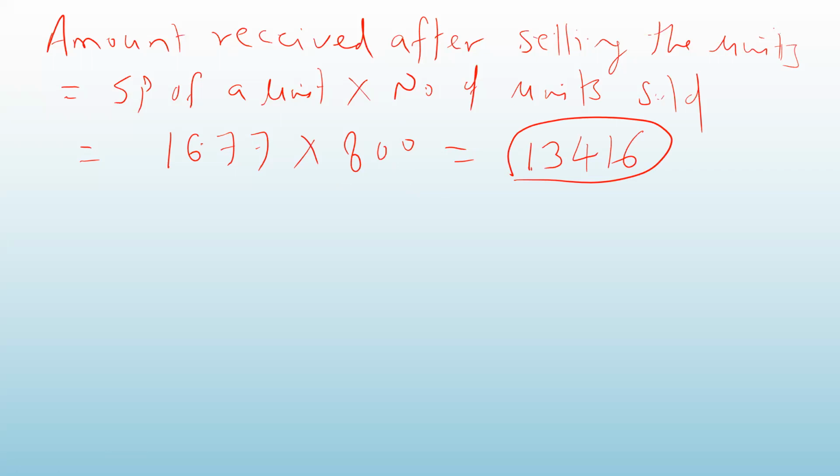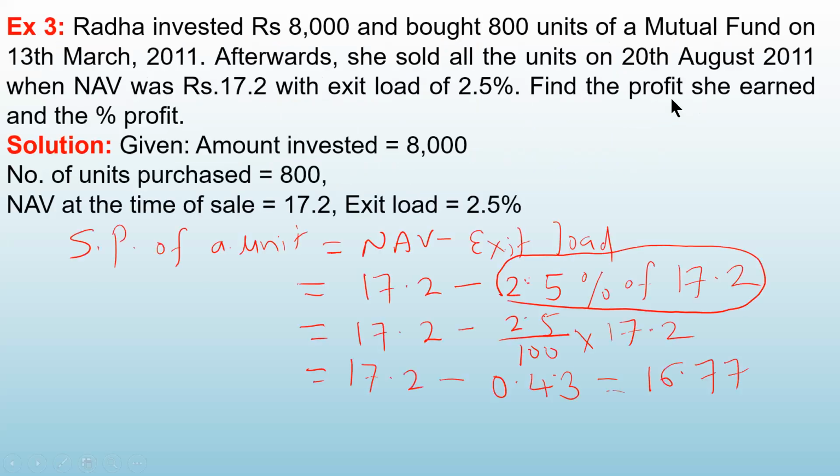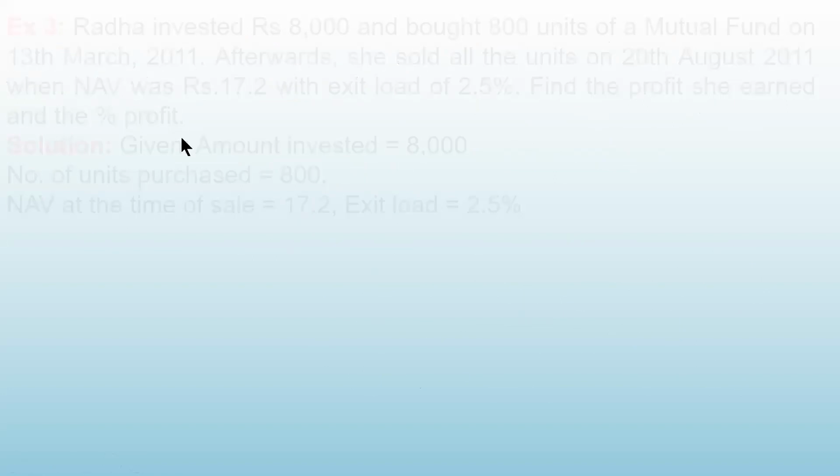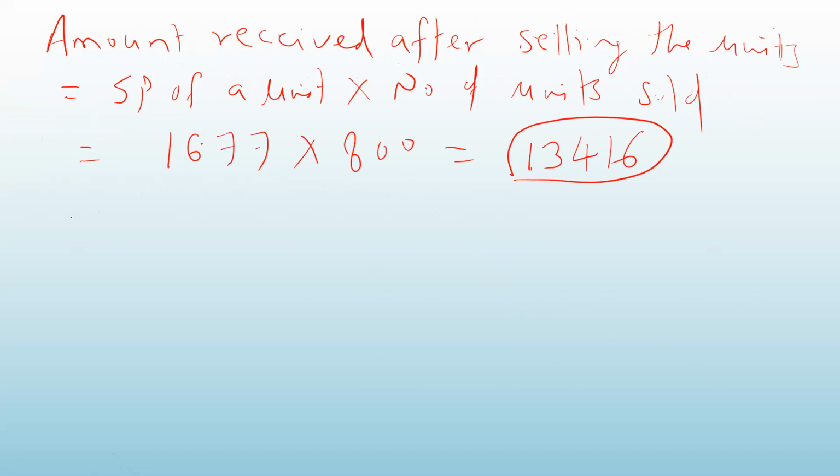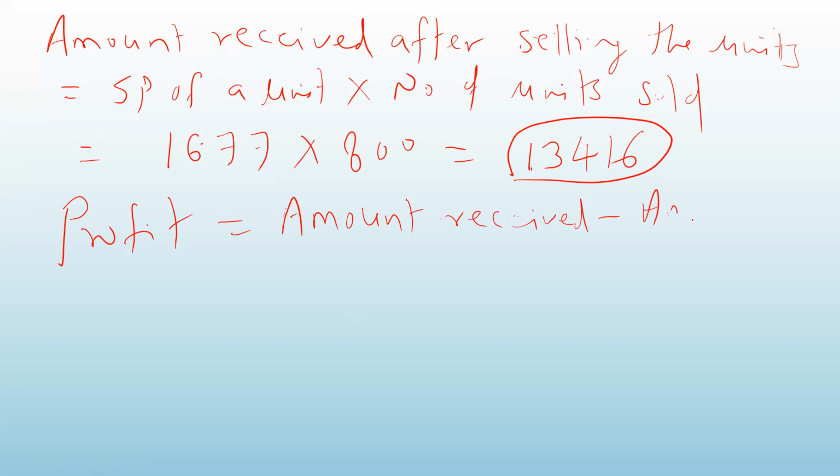Okay. Now we have to find out what is the profit she earned and the percentage profit. So what is the profit? Profit is equal to amount received minus amount invested. Correct? There is no dividend in this question as well. So what is the amount received? It is 13,416.